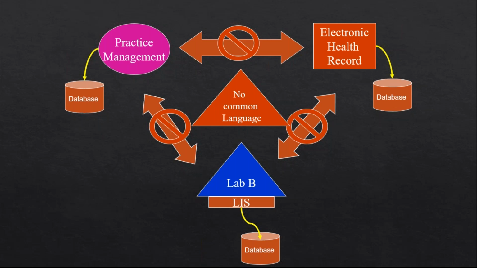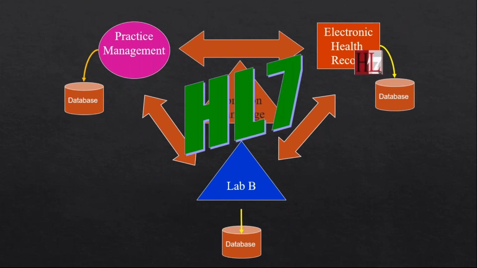So there is no basic common language. That is where HL7 came into the picture. HL7 has emerged as a common standard language which they will use to communicate between PM and EHR. So what happens when HL7 comes into the picture is that the entire data extracted from the database will be converted to HL7 and sent out to the electronic health record.